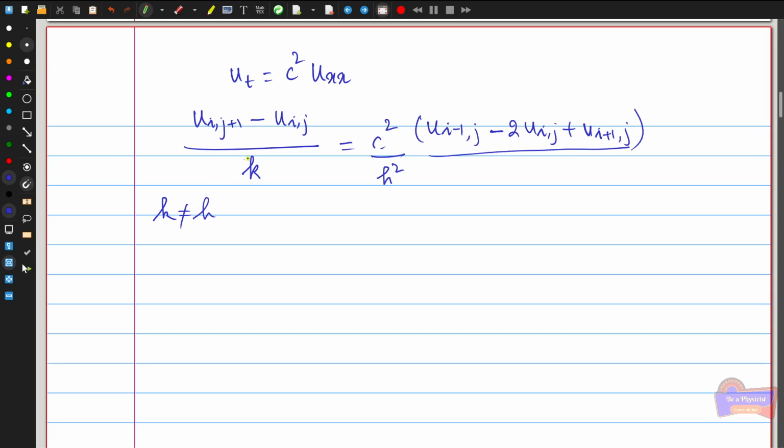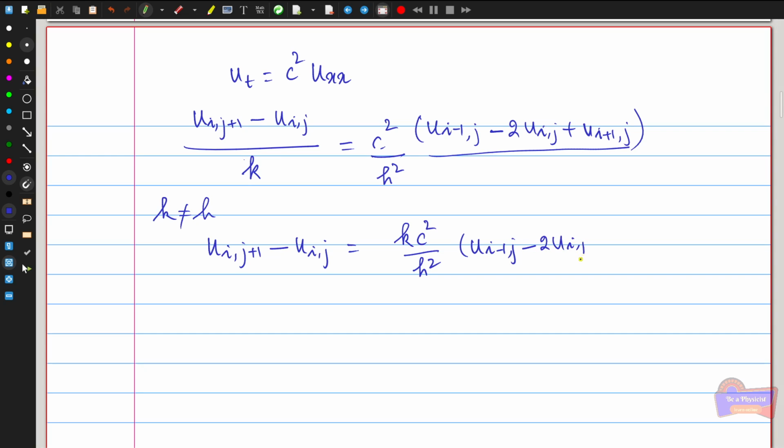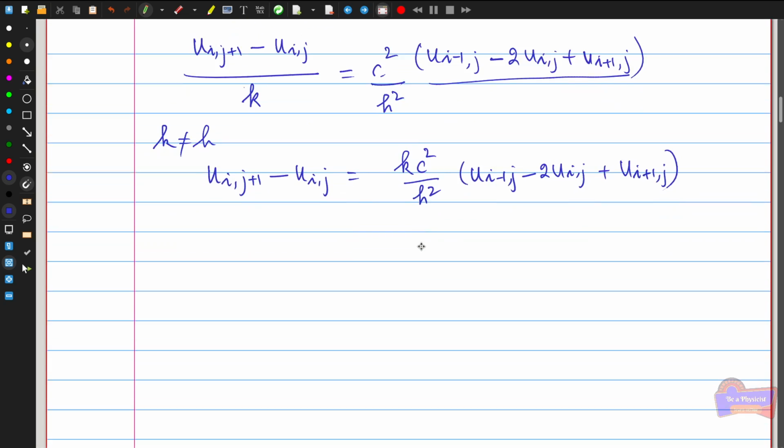Multiplying the whole equation by k, we get u of i comma j plus 1 minus u of i comma j equals k c squared divided by h squared times u of i minus 1 comma j minus 2 times u of i comma j plus u of i plus 1 comma j.